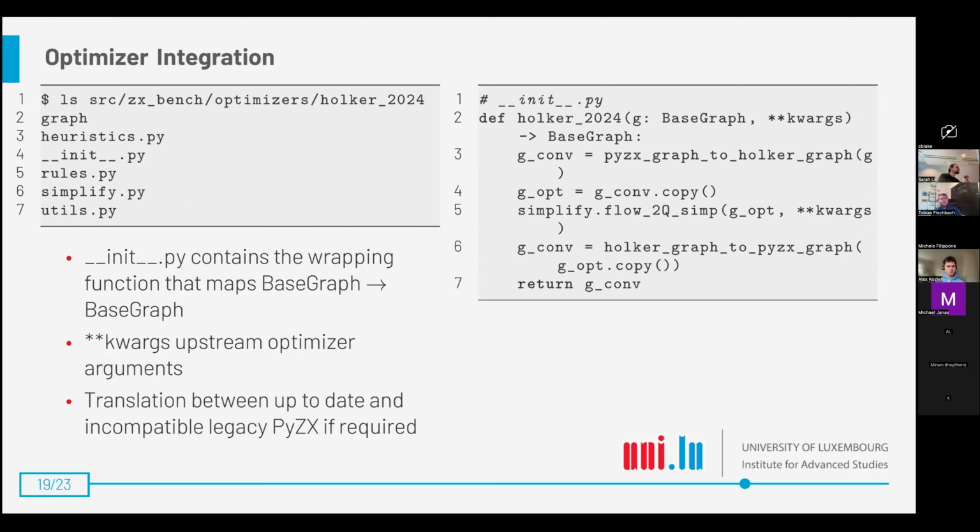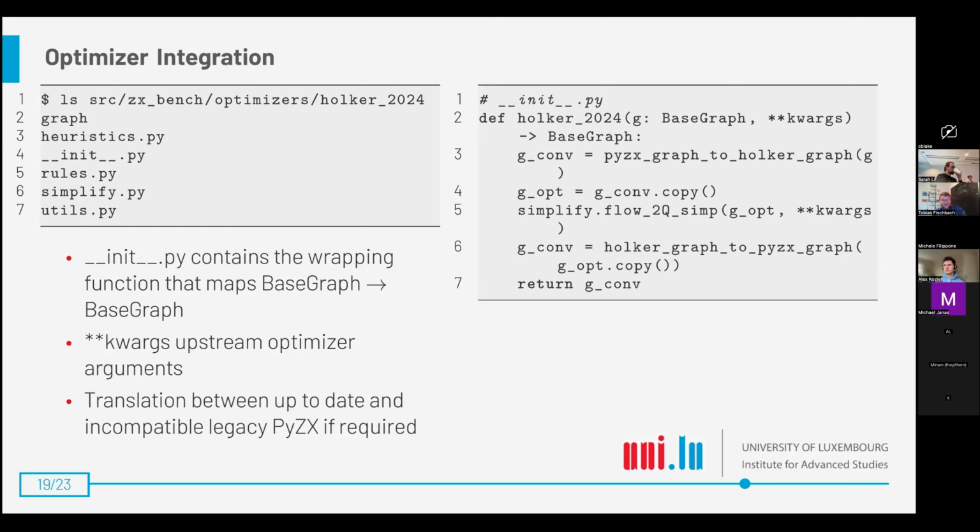So in the end, if your optimizer works with current upstream PyZX, you write a wrapping function. It takes a base graph, it takes optimizer functions and optimizer parameters that are exactly the same as the ones upstream, and then you just execute your optimizer and return the graph.